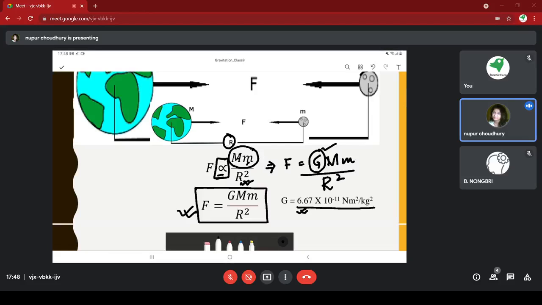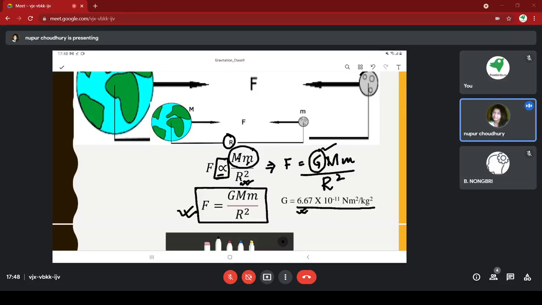Now, what do I mean by that? I mean that if these objects are closer to each other, that means the distance between them is less, then the force will be more. If the distance between them is more, the force will be less.